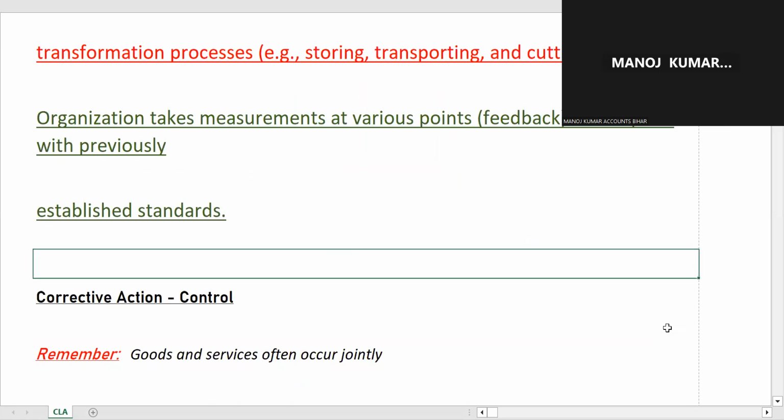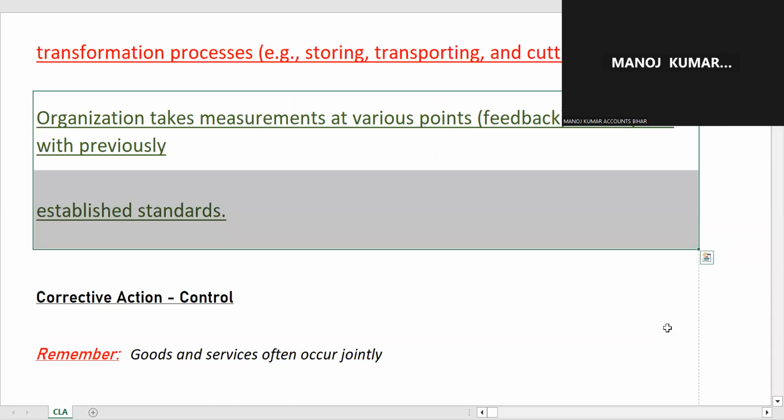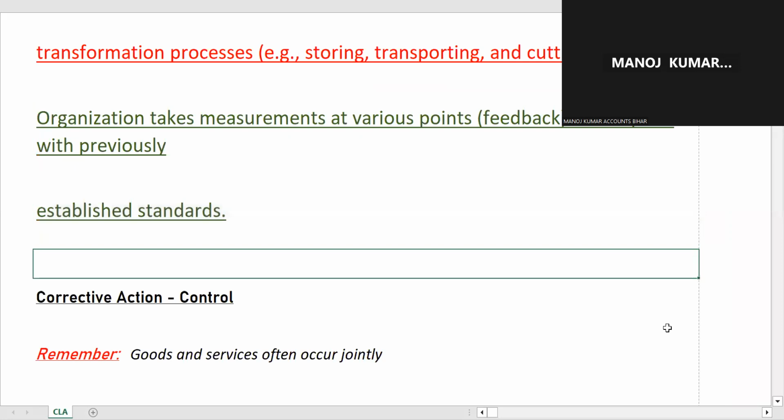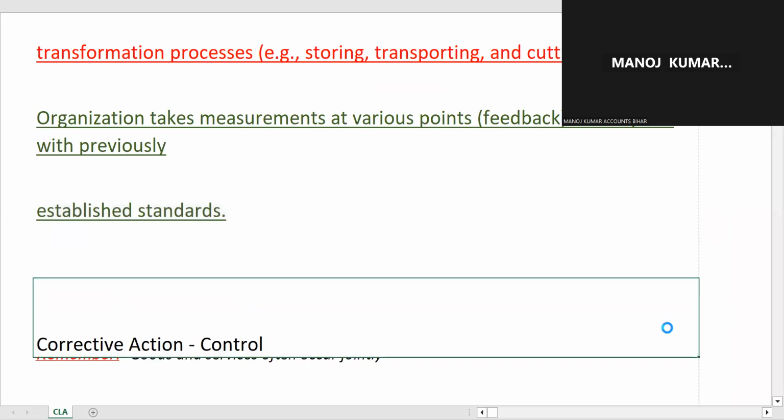Now feedback has been given that this is not correct. If it is not proper, what is the next step of the manager? Correct it. He will try to correct it. That is called control, the control function.